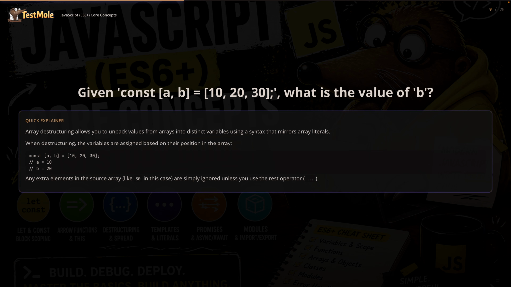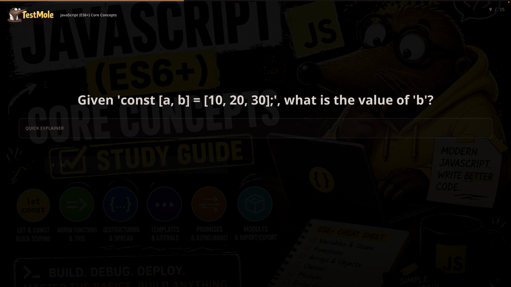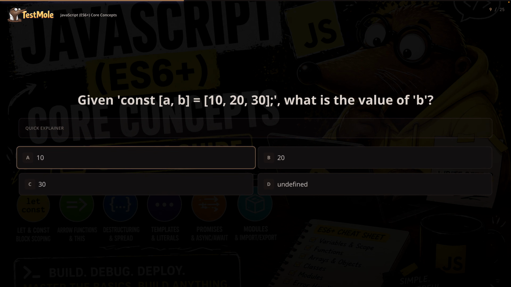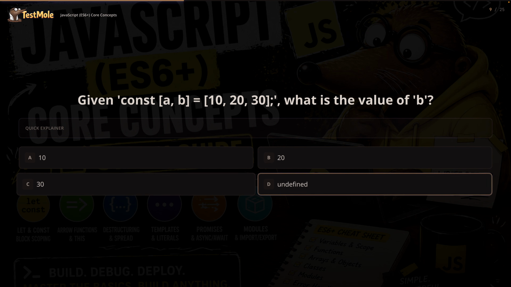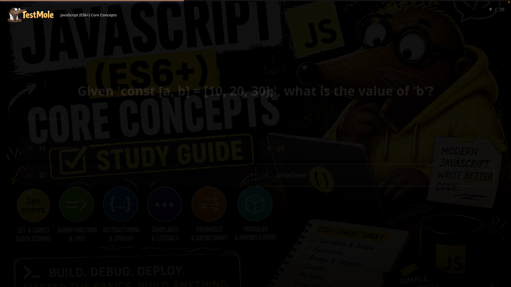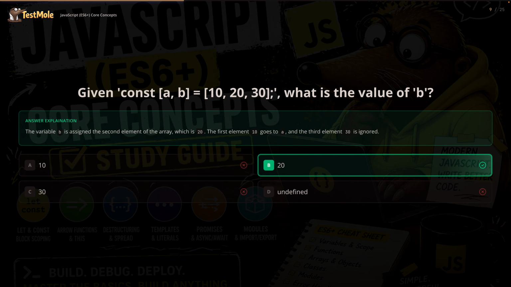Any extra elements in the source array, like 30 in this case, are simply ignored unless you use the rest operator. Choose between A. 10, B. 20, C. 30, D. undefined. The answer is B. The variable b is assigned the second element of the array, which is 20. The first element 10 goes to a, and the third element 30 is ignored.